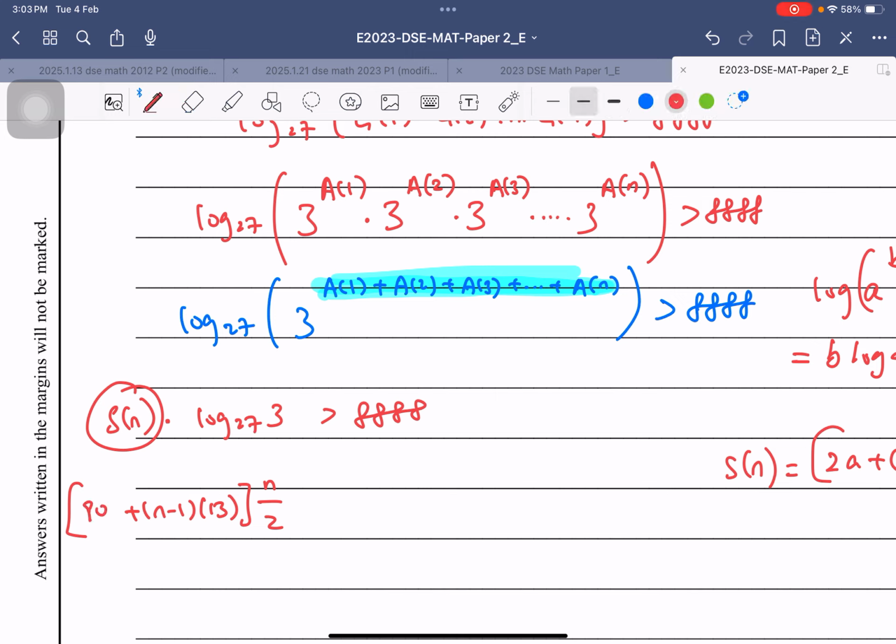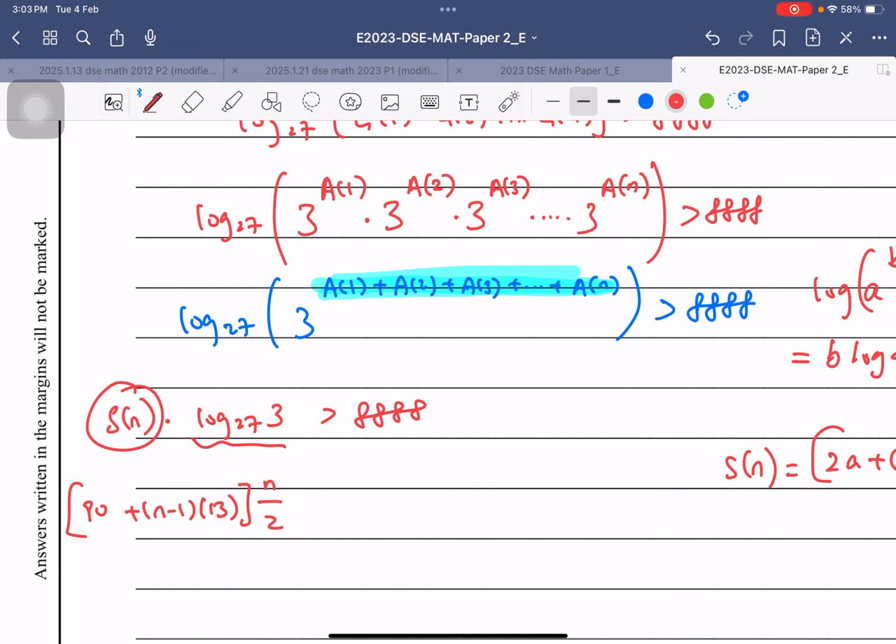But now you think, what is log 27 of 3? Do you know how to use the calculator to calculate it? Remember how you find out this log 27 of 3? Okay? So log is here, isn't it? The base is 27, so you press 27 first.